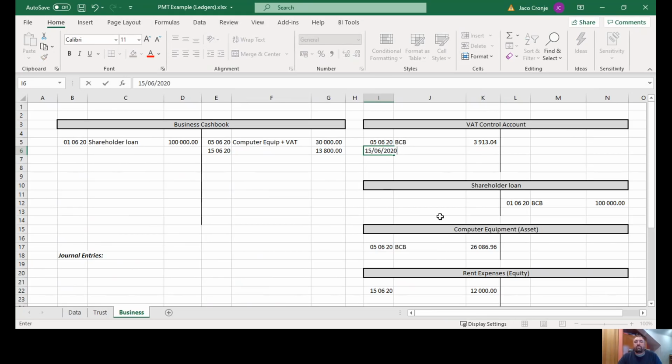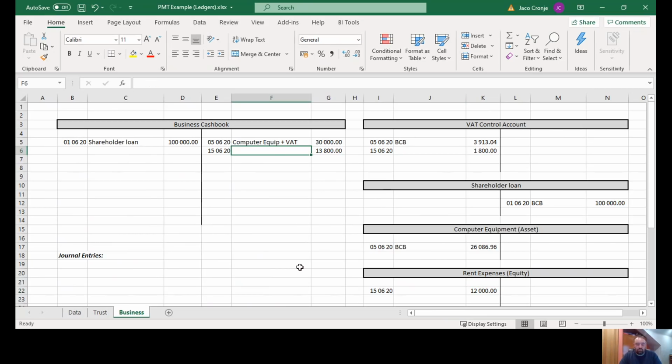So on the 15th of June 2020, I'm going to say equals that times 15 divided by 115, and that gives me my VAT portion. So SARS will give me 1,800 Rand back on my VAT, and my actual expense that I lose value by is 12,000 Rand.